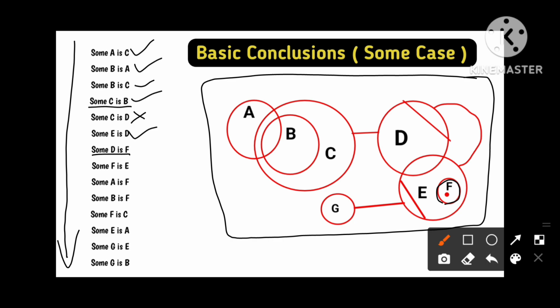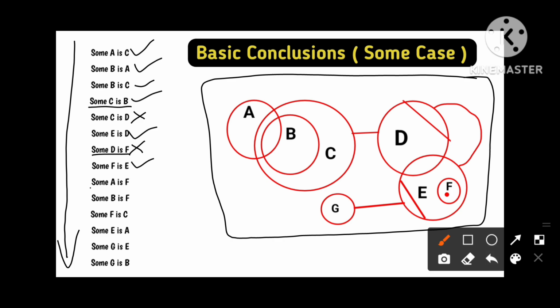Next one, some F is E. We already said that F shares with only E. So here F is sharing with some part of E. It is true, so this conclusion will be true.